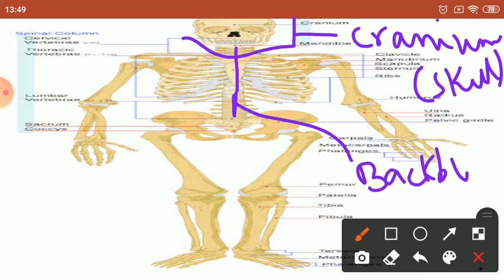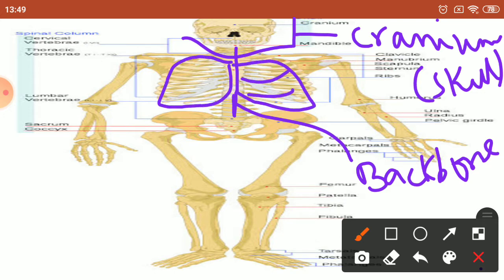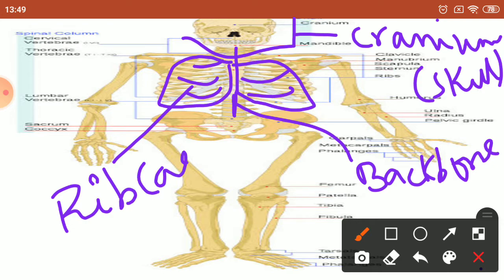This is another important part of the skeletal system, which always helps us to stand erect. The third important part of our skeletal system is your rib cage, a cage-like, box-like structure that is made with bones called ribs.